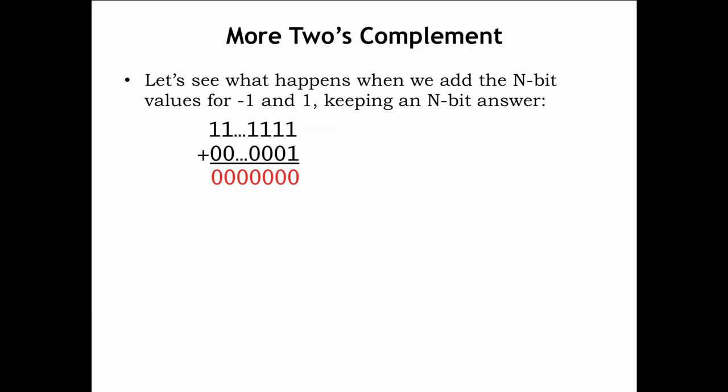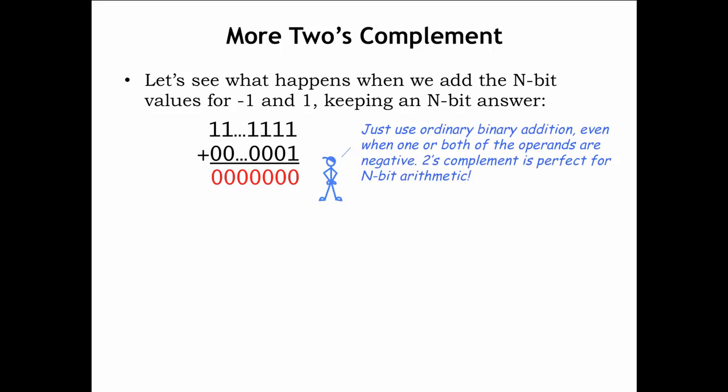In the rightmost column, 1 plus 1 is 0, carry the 1. In the second column, the carry of 1 plus 0 is 0, carry the 1, and so on. The result is all zeros, the representation for 0. Perfect! Notice that we just used ordinary binary addition, even when one or both of the operands are negative. 2's complement is perfect for n-bit arithmetic.